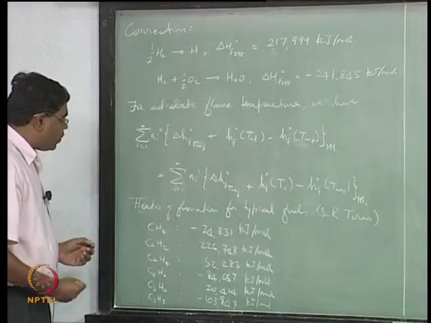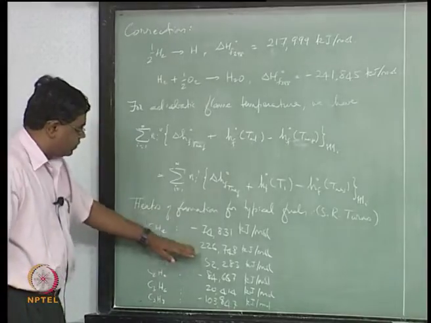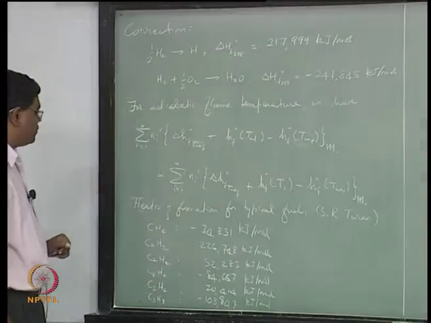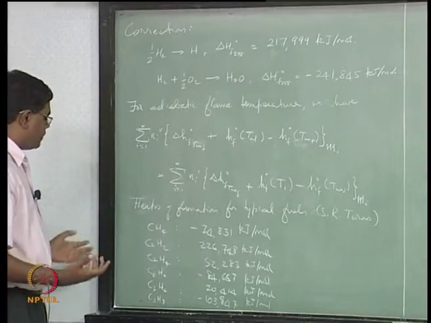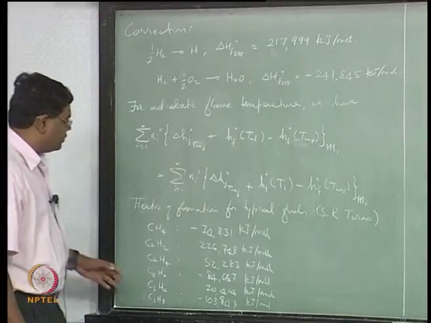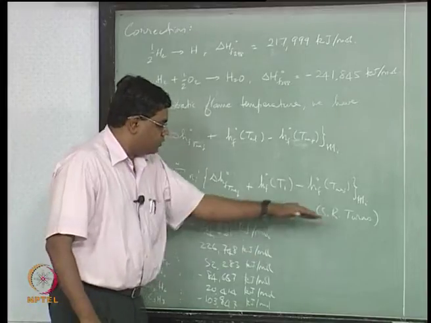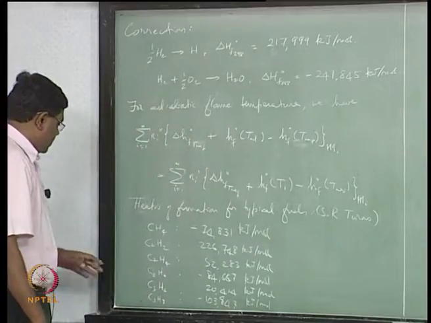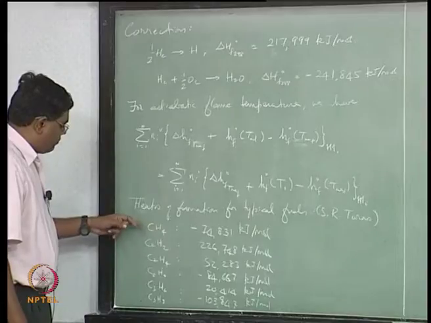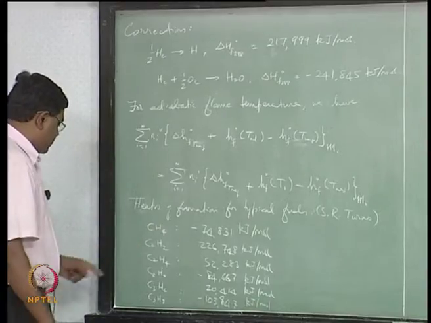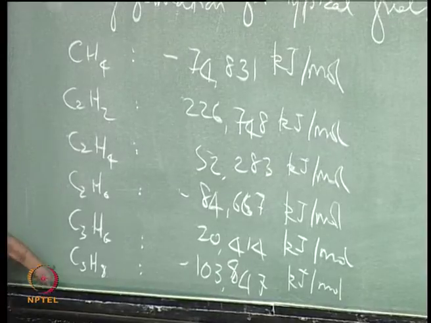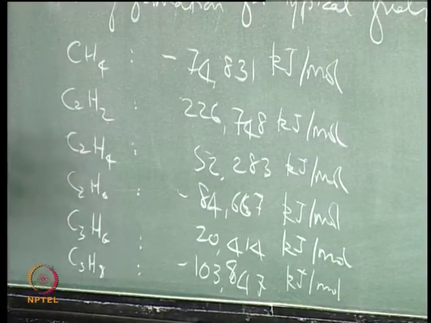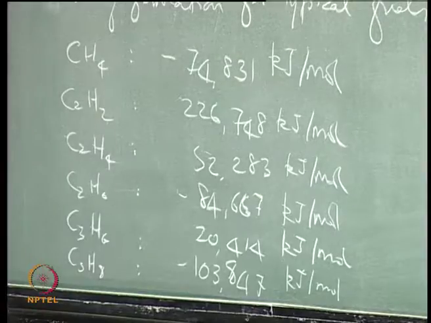So if you look at typical values of the standard heats of formation for typical fuels, let us say I have listed here, taking the source from S.R. Turns' book, methane, acetylene, ethene and ethane and propene and propane. You can keep on going to higher and higher hydrocarbons.